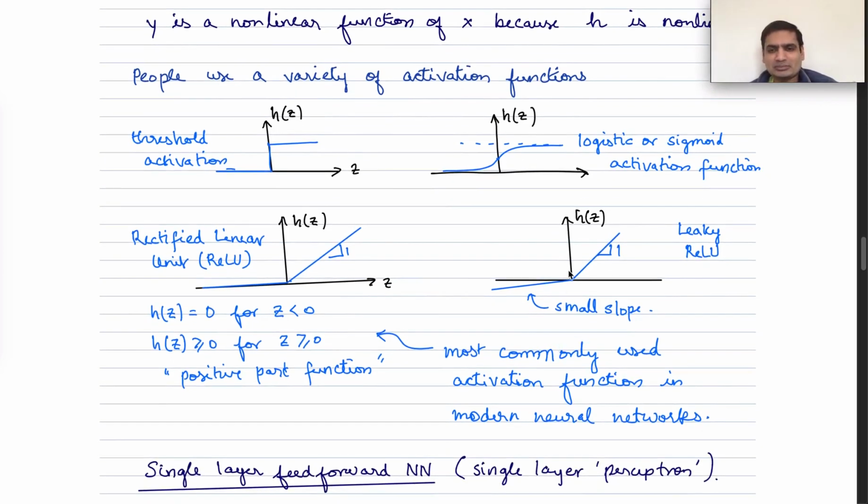People had some excitement about this activation function a few years ago, but overall people have settled on using the ReLU activation function for pretty much most modern neural networks because they seem to work best. We shall see later on why that might be.